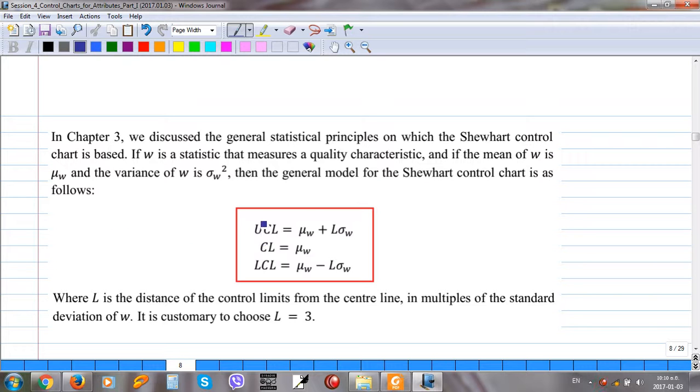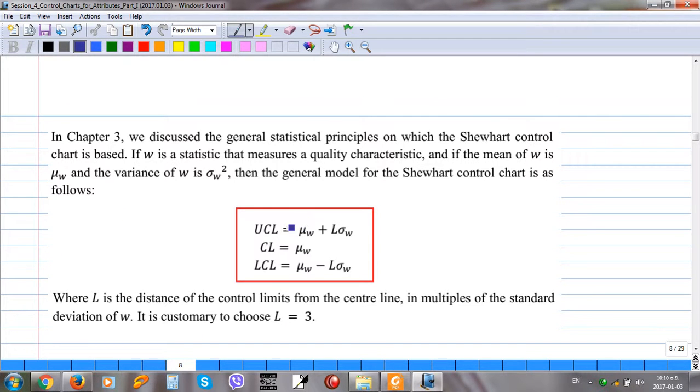This is the general form, where UCL equals mu W plus L sigma W, the center line equals mu W, and the lower control limit equals mu W minus L sigma W, where the distance of the control limits from the center line is a multiple of the standard deviation. L is the multiple of the standard deviation. Normally we choose L equals 3.